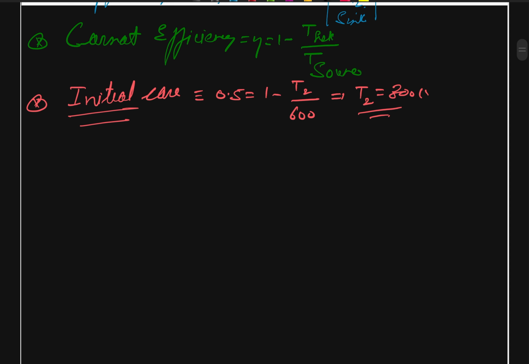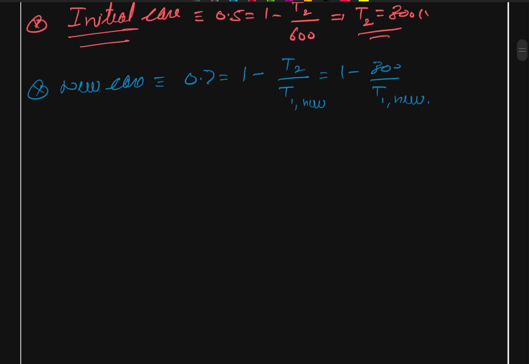Now we come to our new case. The efficiency is 70%, so this is 0.7, equals 1 minus T2, and let us call the temperature of the source T1 new. T2 we just found out, so this becomes 1 minus 300 upon T1 new.